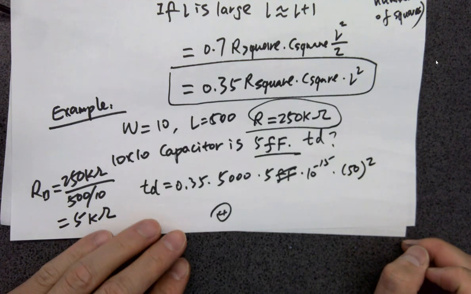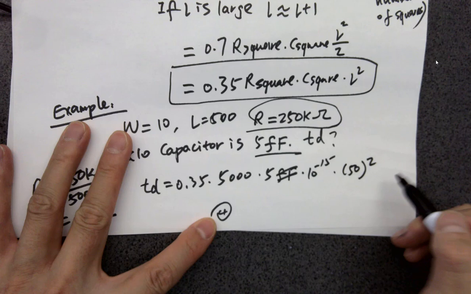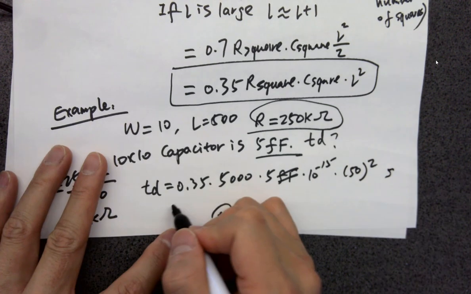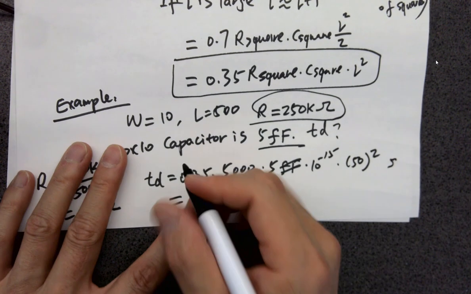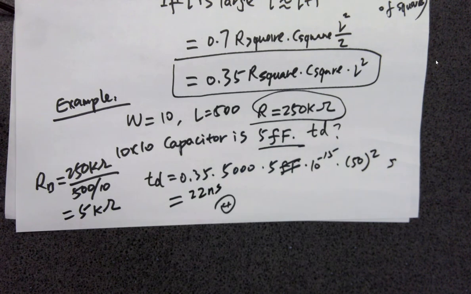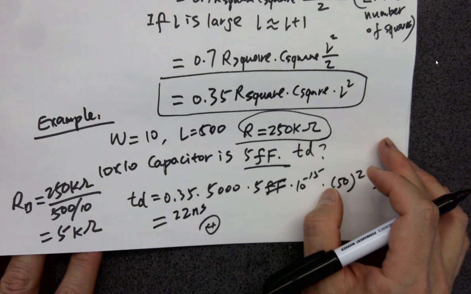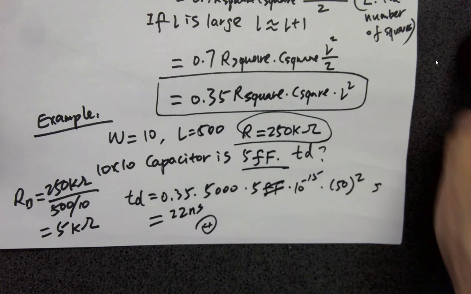Okay, that's the equation to calculate it. So what's the unit for this? Just seconds, right? I did the calculation. Eventually, I think the result is about 22 nanoseconds time delay. Any questions on this? Before we move forward, I think we should do our quiz right now.